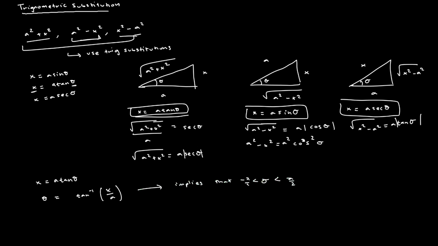And the reason for the domain restrictions is that our substitution requires this property of being able to get theta from x, and this is known as reversibility.